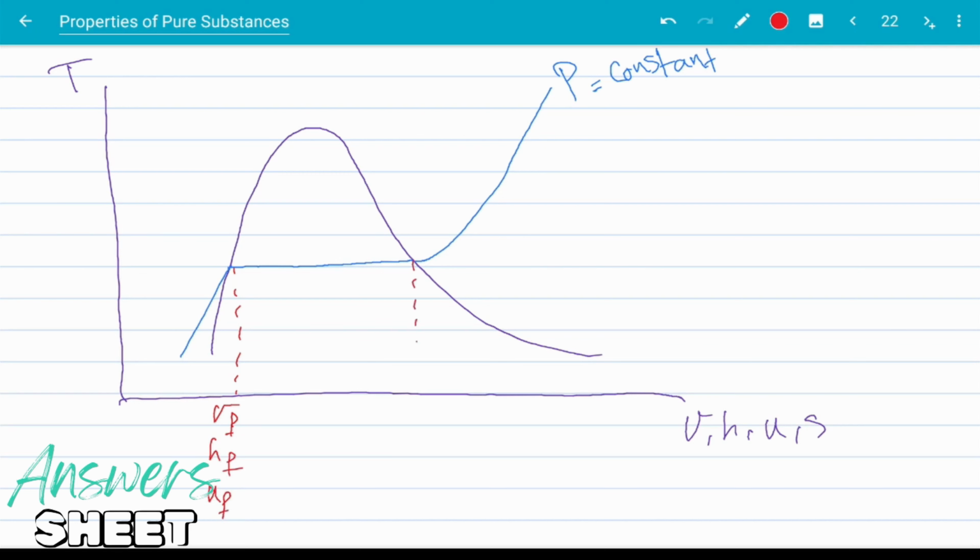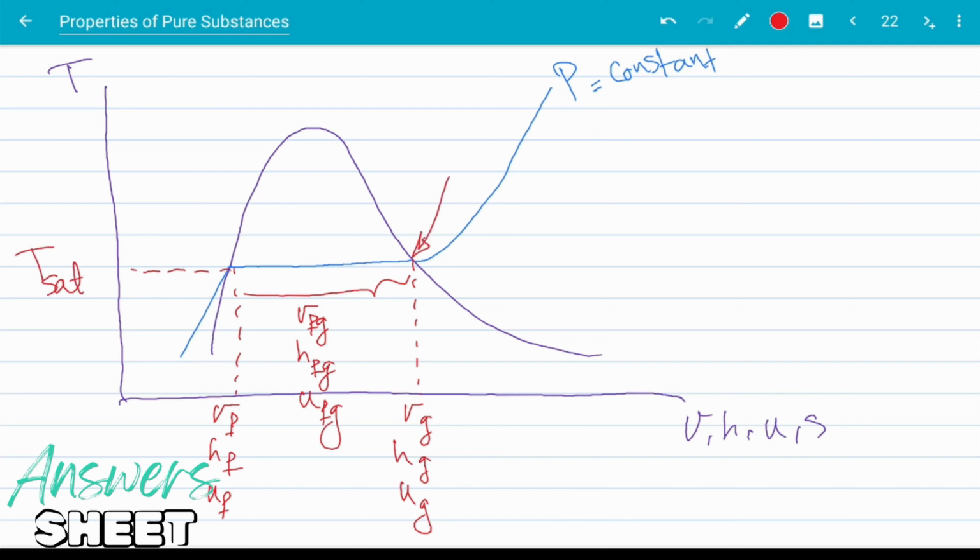This one here is v of g, h of g, u of g, or s of g. This distance is v of fg, or h of fg, or u of fg. And this is your saturation temperature. Now we have values for this point and this point. But what happens in the middle? Let's talk about that.